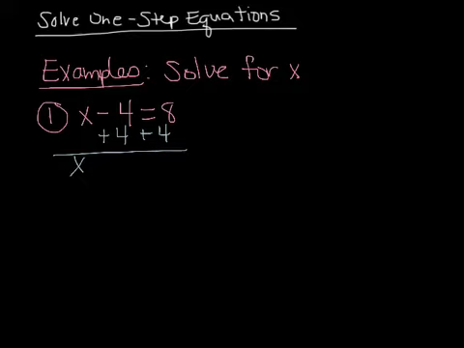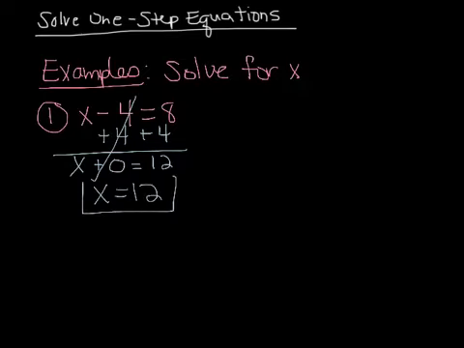So minus 4 plus 4, it doesn't just disappear, it actually is going to become 0. If you want, you can write it as x plus 0, but generally people don't usually write that, they just write it as x. Most of the time we just cross it out. And usually we skip that middle step with the writing plus 0, and we will just write the answer right away, which is x equals 12.